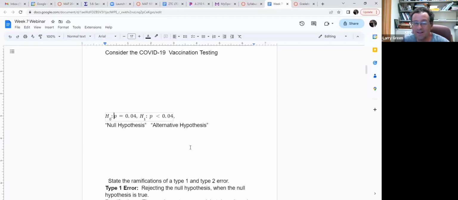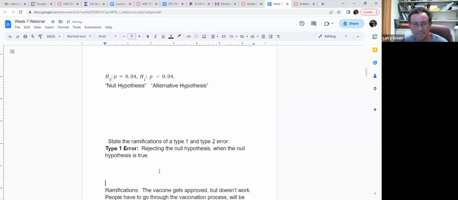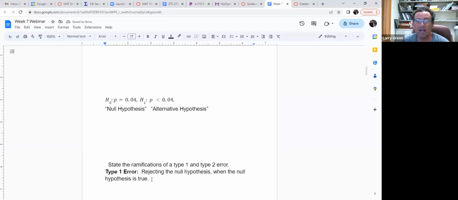Then the next thing you have to do is say, what errors could happen? And here are the different errors. There's a type 1 error. A type 1 error means that you reject the null hypothesis and accept the alternative hypothesis, but the null hypothesis is true. That's a lot of words, so let me explain what that tells you.